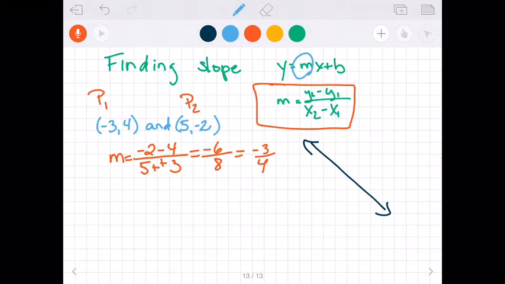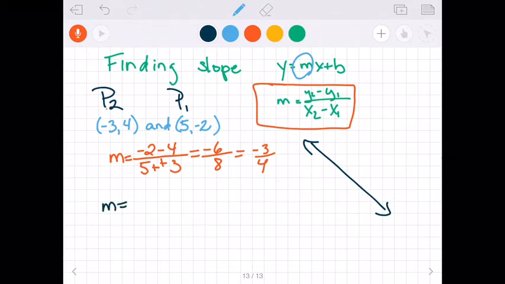Let's look at the next example. And, oh, it tells us to reverse our points. So now, instead of this being point 2, this will be point 1, and this will be point 2. This is just to show that you'll get the same solution either way. I'm going to do it in black this time.